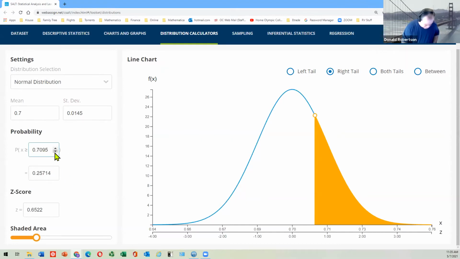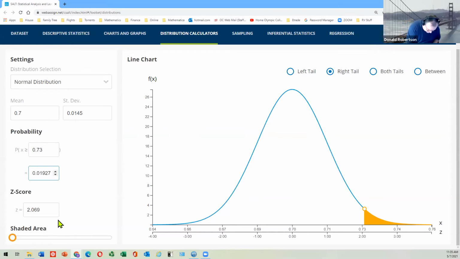And I want to find what's the chances that I got bigger than 0.73. There. Can you see that the answer is 0.019, which I'll call 0.02, which is 2%.